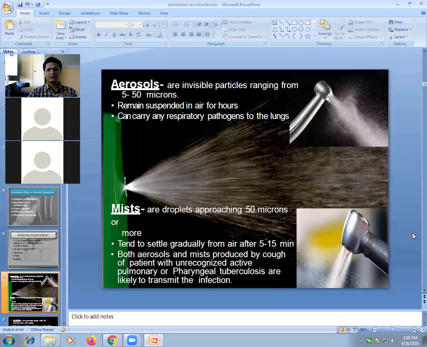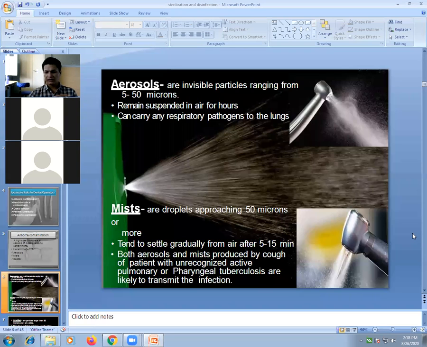These are invisible particles ranging from 5 to 50 microns, which remain suspended in air for hours and can carry respiratory pathogens to the lungs. In recent pandemic times also, these aerosols are dangerous for the spread of the COVID-19 virus.